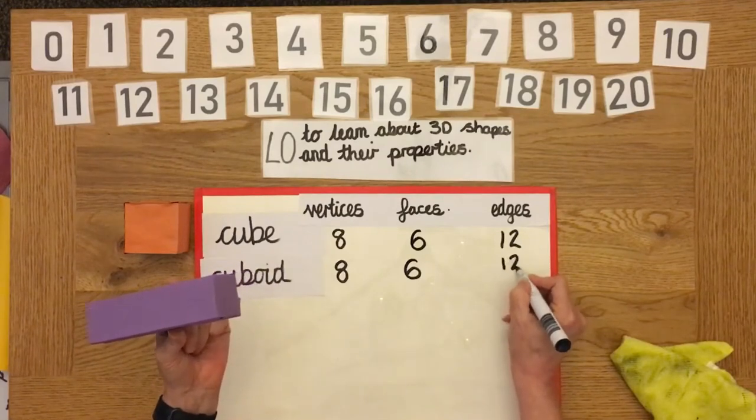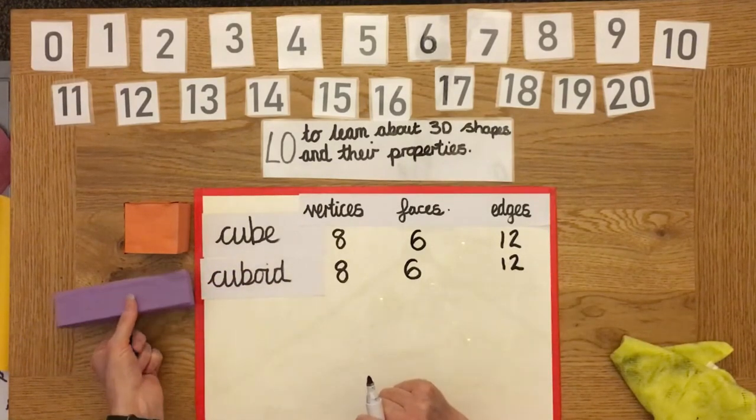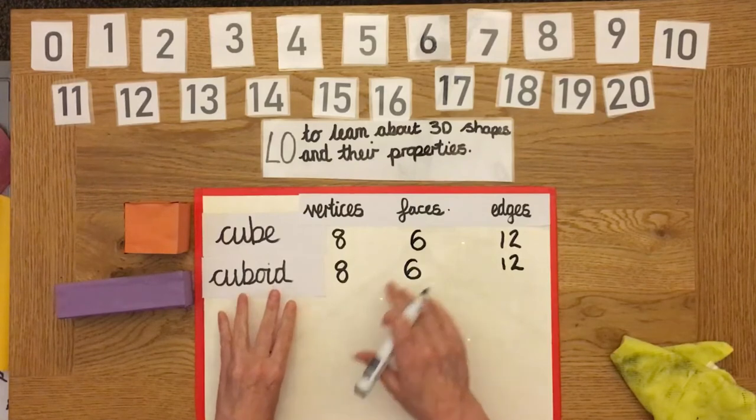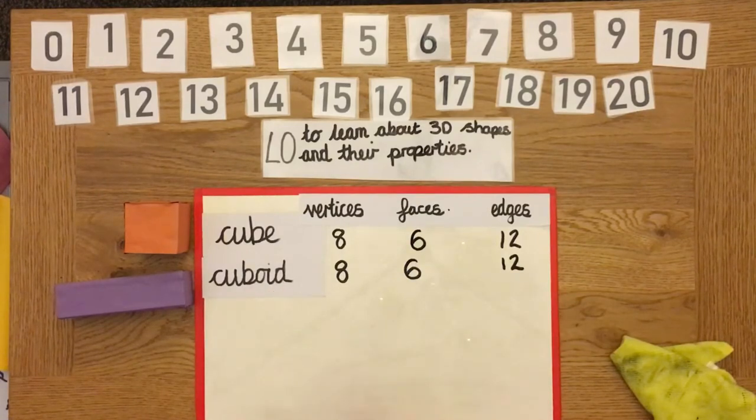That's got 12 edges. Can you see something about these 2 shapes that we've just worked out the properties of? They both have 8 vertices, they both have 6 faces and 12 edges.